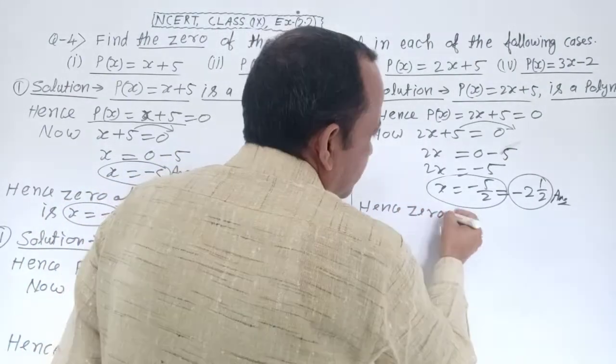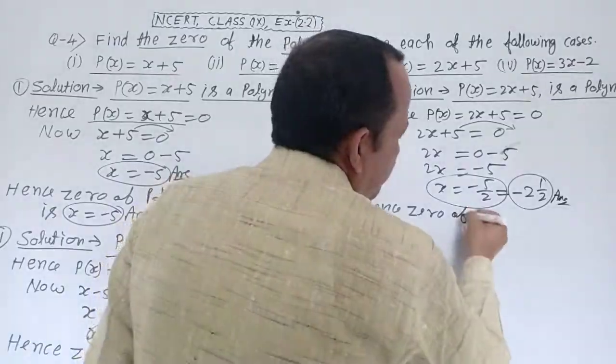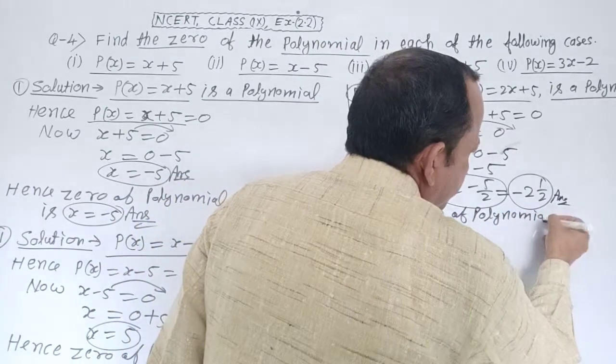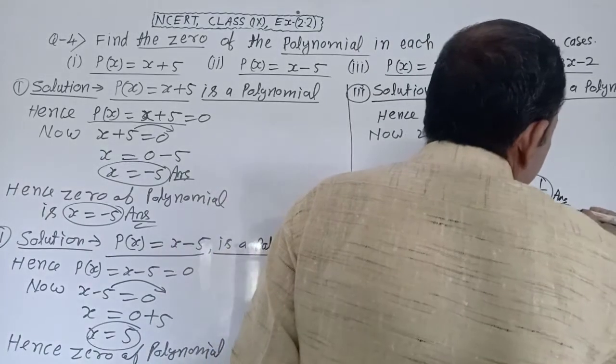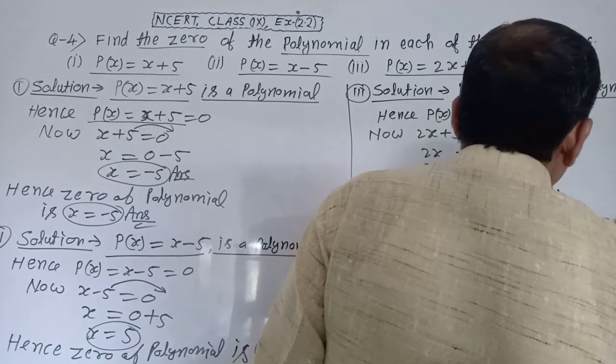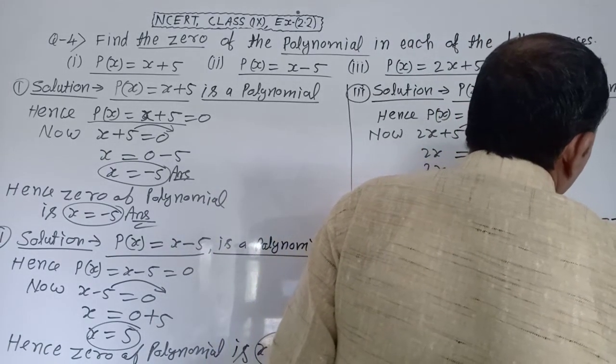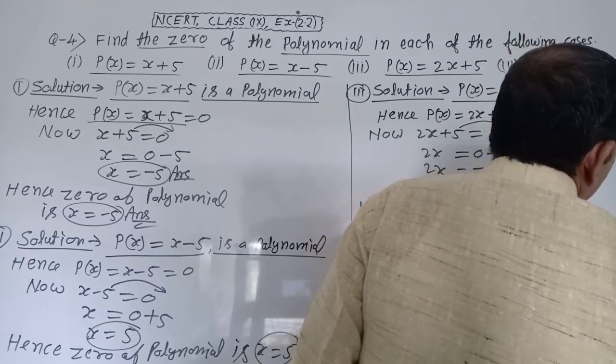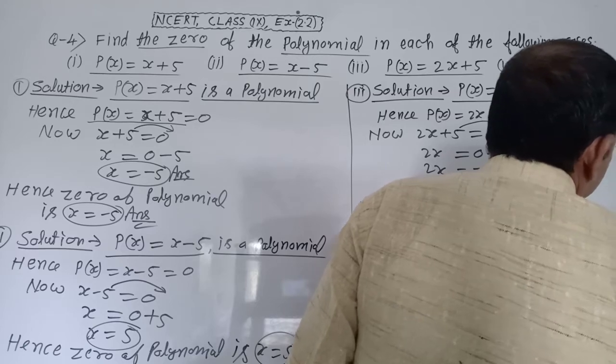Hence, the zero of the polynomial is x equal to minus 5 by 2, equal to minus 2 1 by 2. Answer.